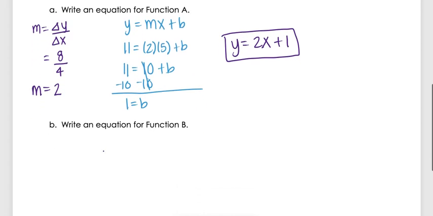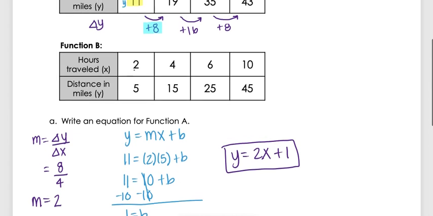And now I'm going to go through that same process for function B. So I'm going to see how my y changes. So I add 10, add 10, sorry, add 20. Up here, I'm adding 2, 2, and 4.